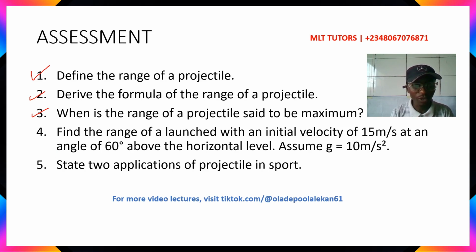Then on to question 4, which is a calculation-based question. Find the range of a projectile launched with an initial velocity of 15 meters per second at an angle of 60 degrees above the horizontal level. Take g to be 10 meters per second squared. The word projectile is missing here, that's a typo error, so projectile should be here.